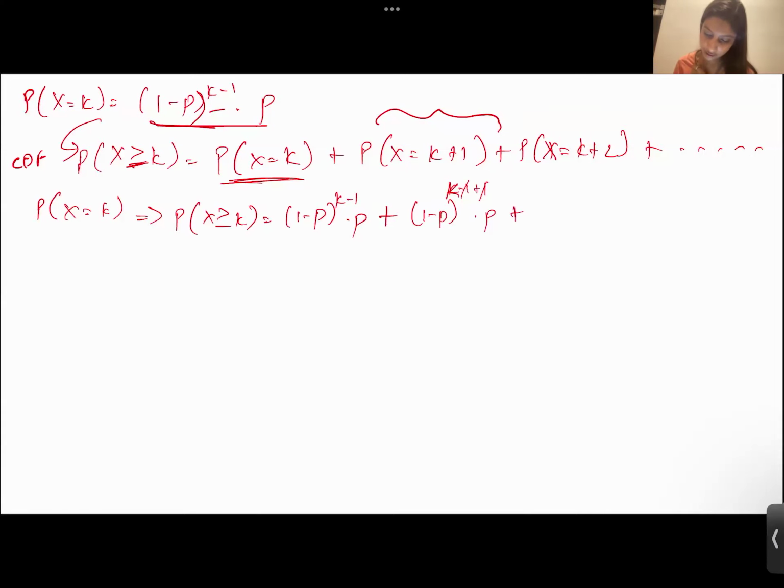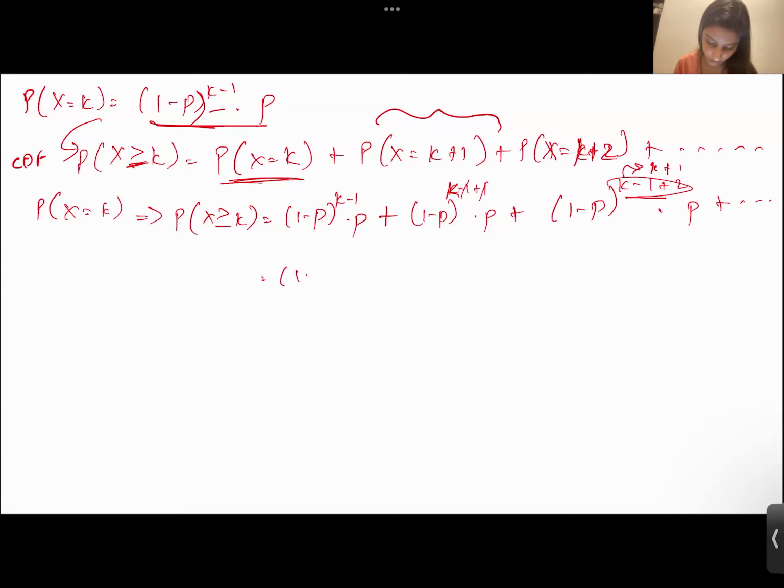Then P(X = k+2) will be (1 − p) to the power k minus 1 plus 2 into p, which becomes k plus 1, and so on.